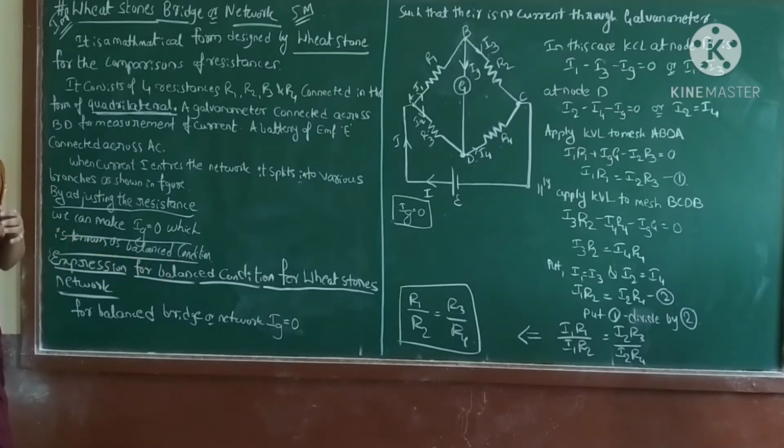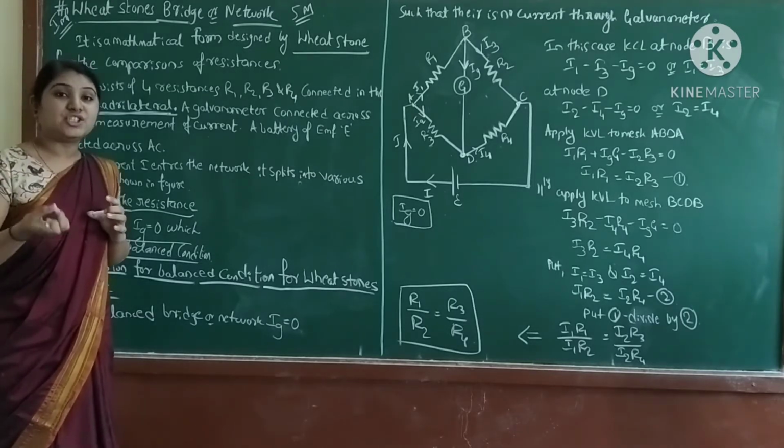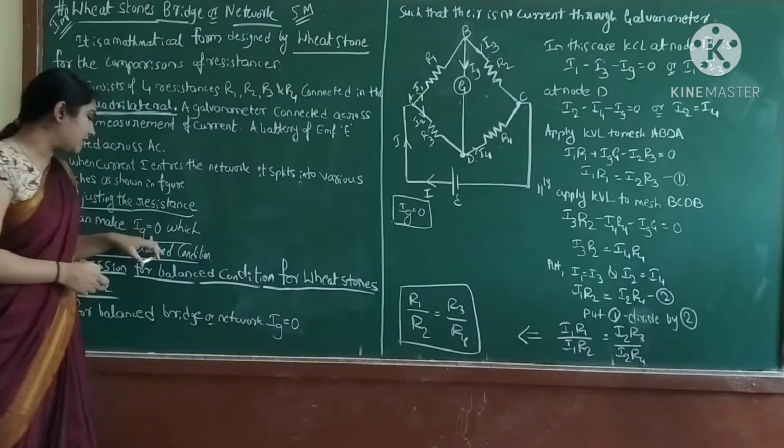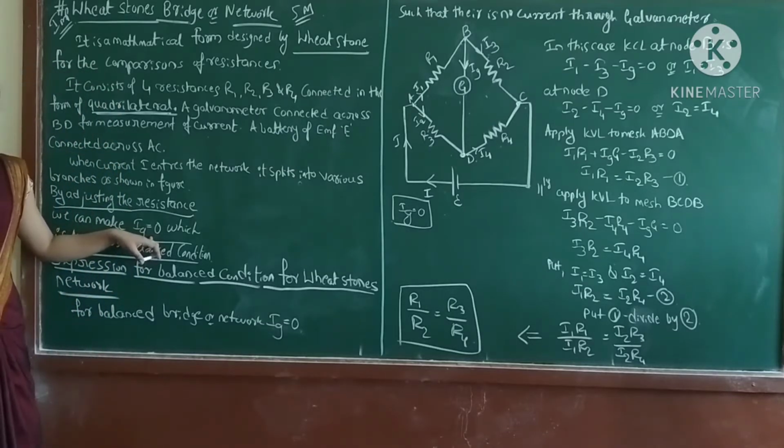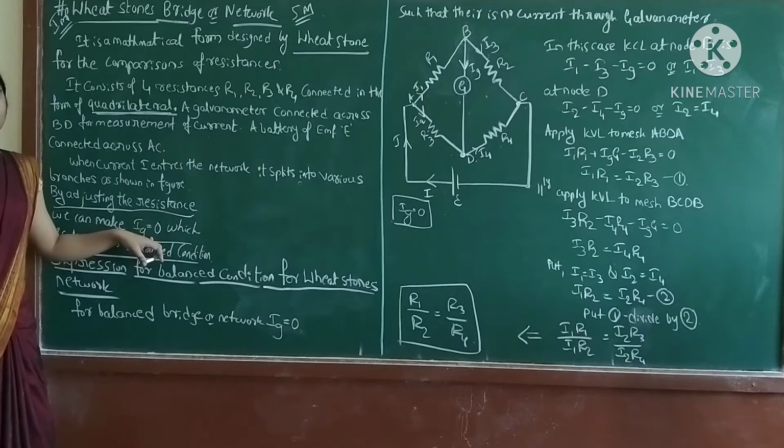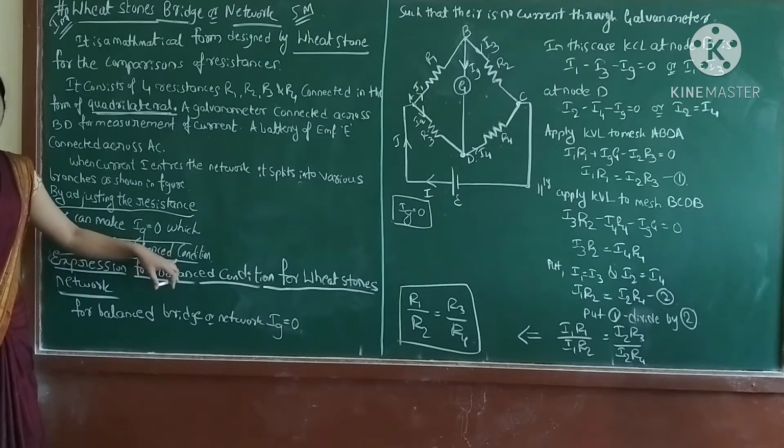Yes, they may ask you this for 1 mark. What is balanced condition? By adjusting the resistors in the network, we make IG equal to 0. This condition is important. IG is equal to 0 and we can call it the balanced condition.